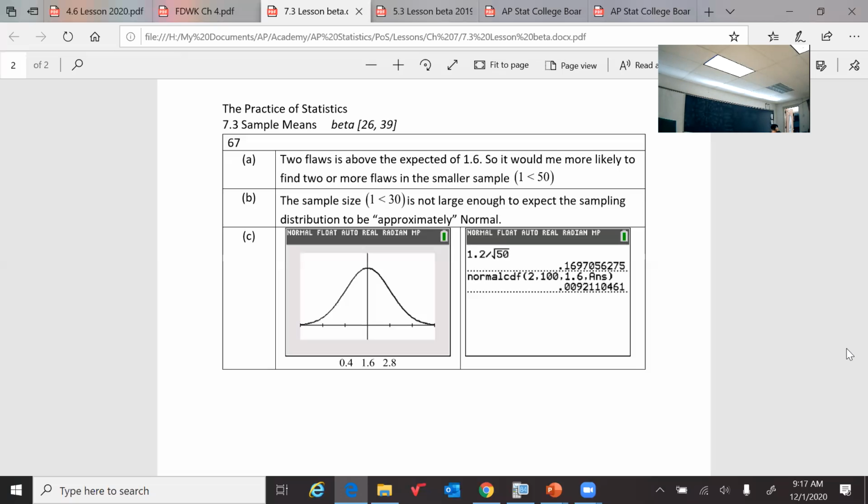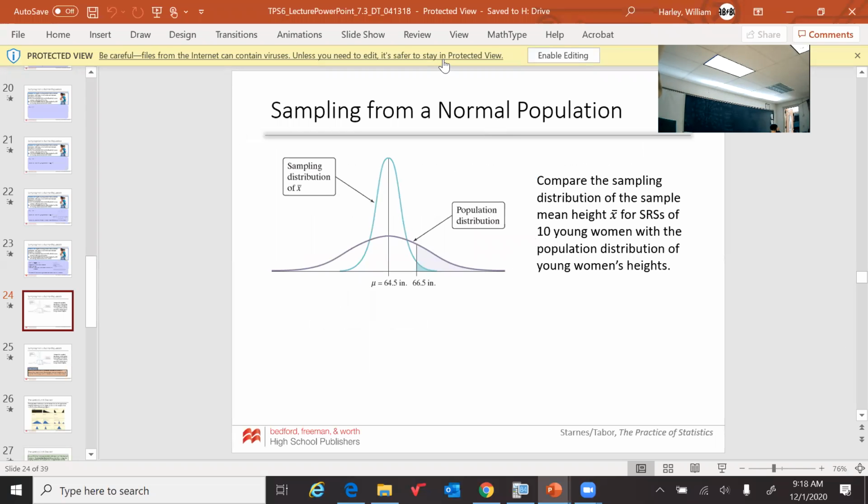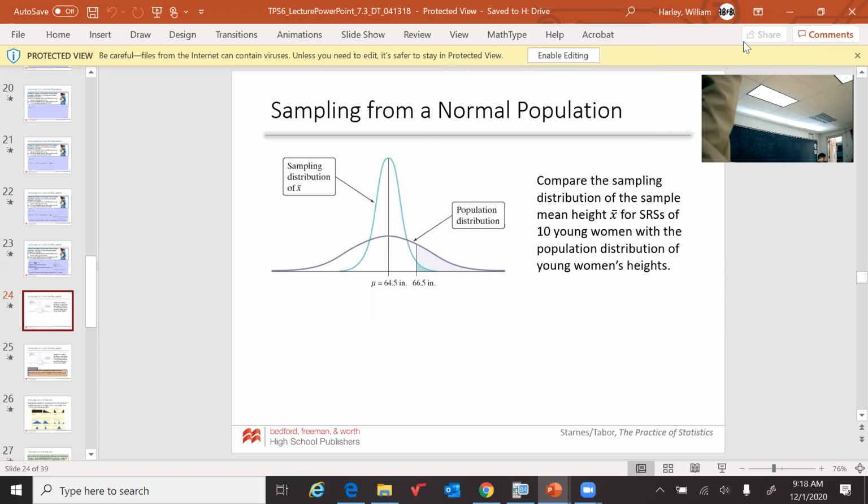Okay? So I want to come back to 2 things in summary, and those are here on the PowerPoint. So this is the picture from yesterday about the heights of girls. And this is the population. We showed you this yesterday, but it's important to come back to this.